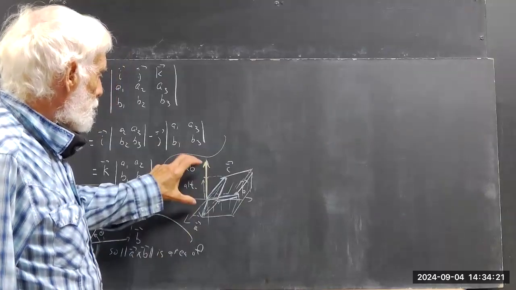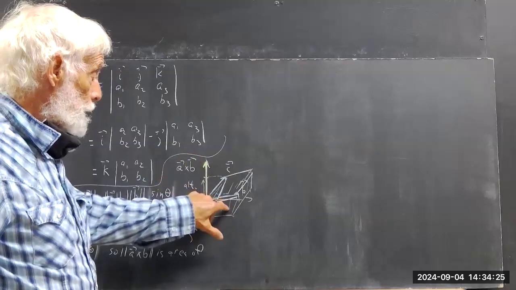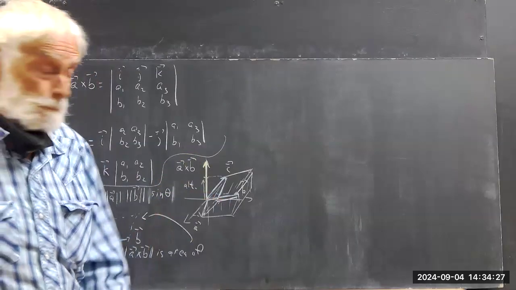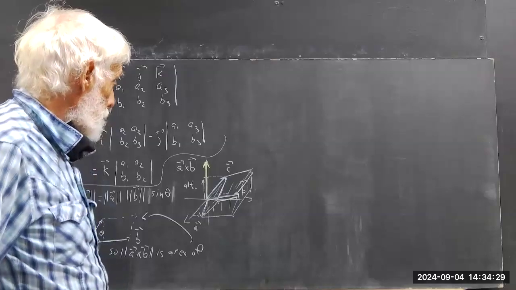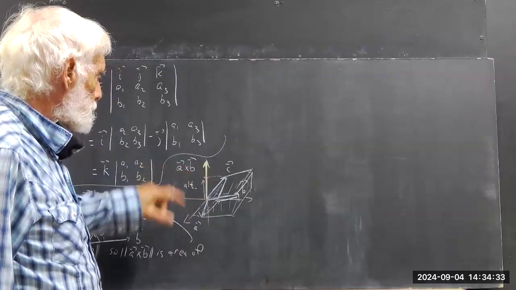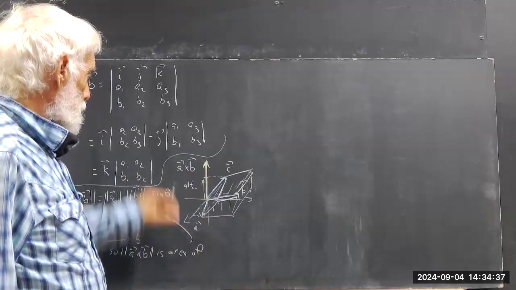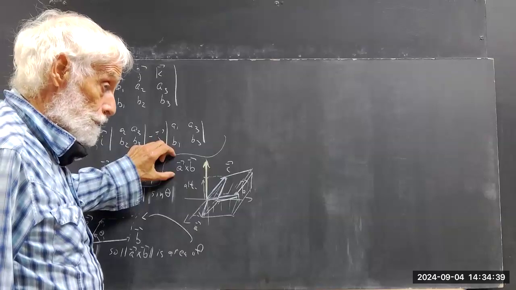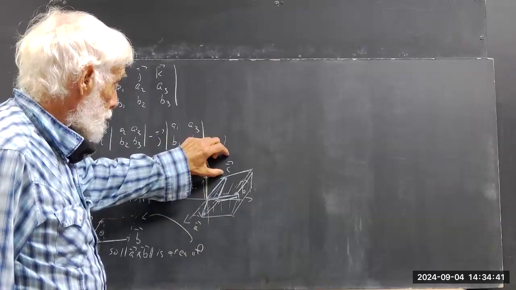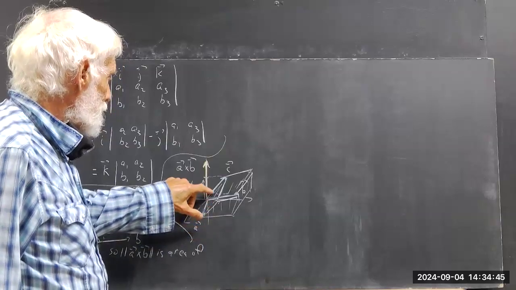First of all, the length of this vector represents the area of the parallelogram down in the plane. Now, if I dot C with A cross B, the result will have a magnitude equal to the magnitude of A cross B times the magnitude of C cosine theta, where theta is this angle here.